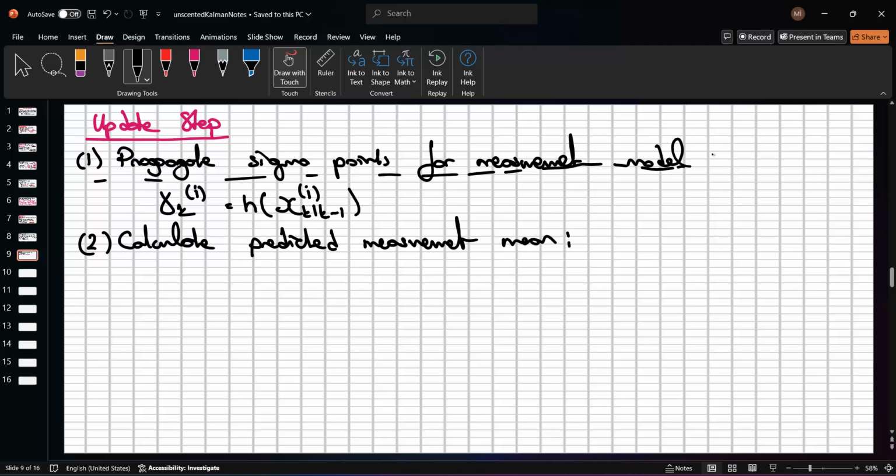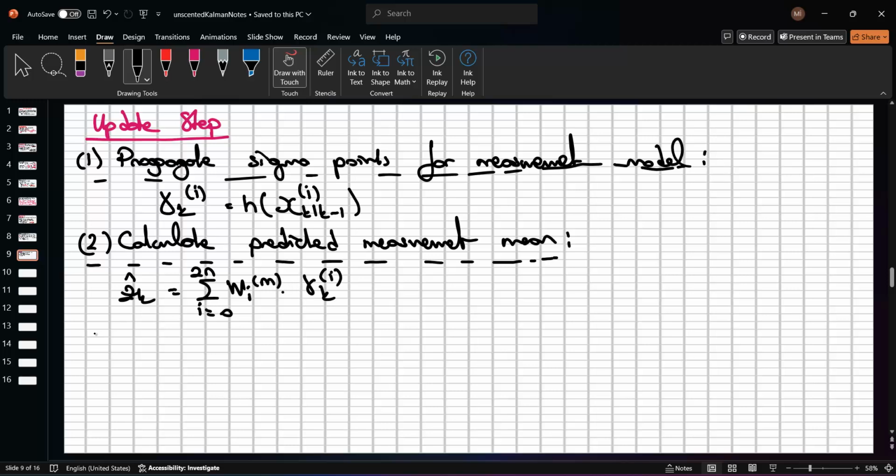Okay, zk hat is equal to what? The sum over i from 0 to 2n of the mean weight times gamma k i.